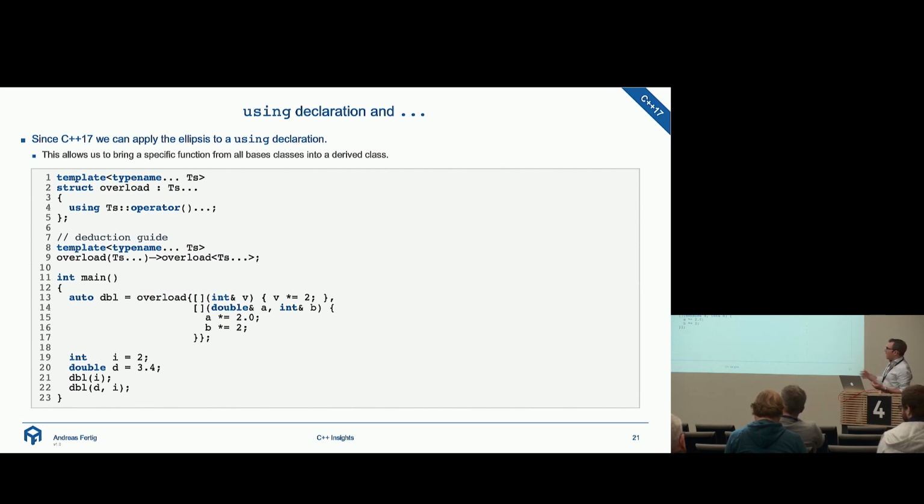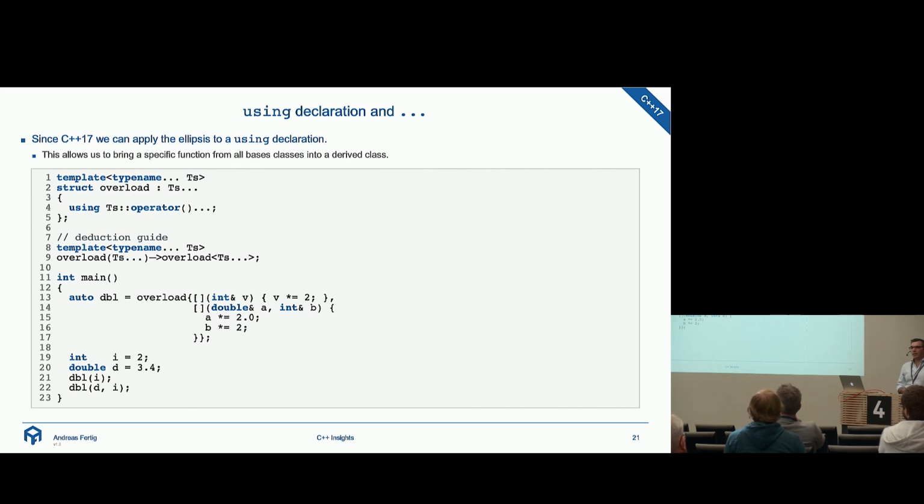What this thing does now is I can use this together with a deduction guide, which you can see in lines 7 to 9, and use it in line 13 to create a struct which contains multiple lambdas, if you like, or it derives more precisely from multiple lambdas, in my case 2.